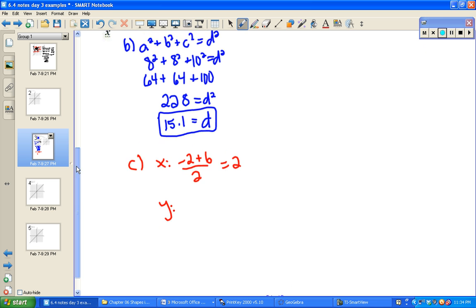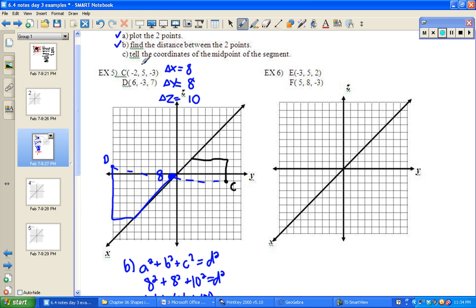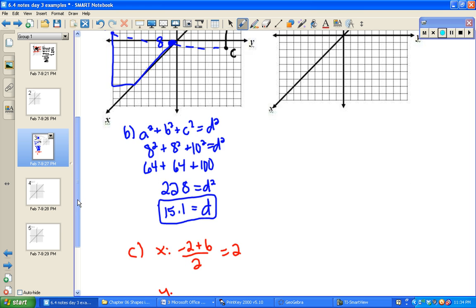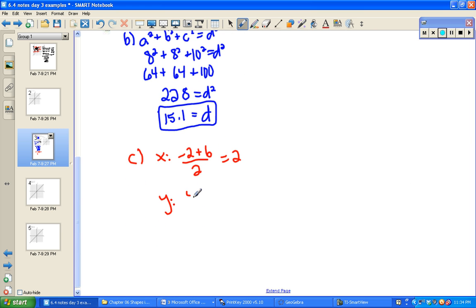The y's are 5 and -3. So we'll add those up and divide it by 2. So 5 plus -3, that's 2. 2 divided by 2 is 1.